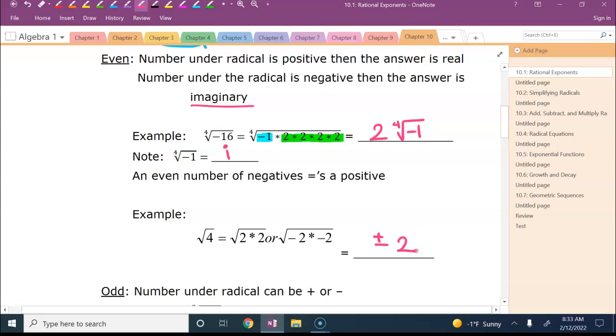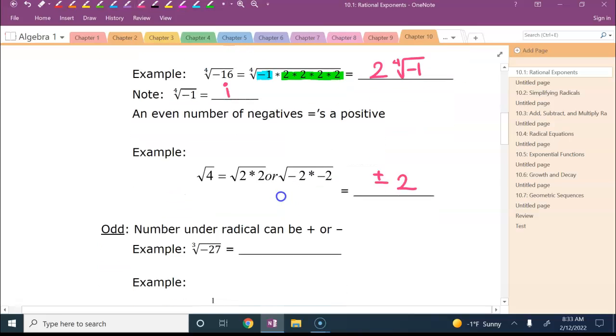So anytime that you take a root of an even index, so if you're doing a square root, a 4th root, 6th root, 8th root, and so on, you're always going to have a plus minus sign in front of your answer because, again, like I was explaining earlier, you can take a negative number or a positive number times itself an even amount of times and still get a positive answer. So when we take the square root of something, there is technically that positive answer and that negative answer because I could have gone both ways with that and still gotten that positive.